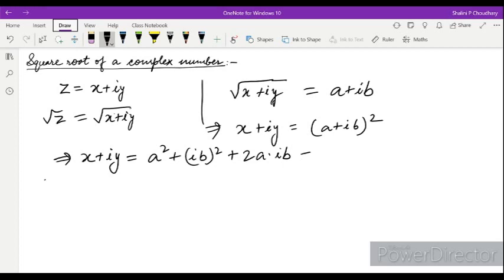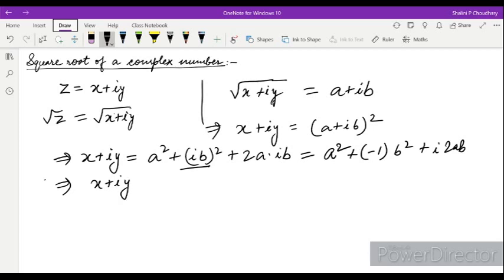So it means we can directly write a square and i square b square. i square is equal to minus 1. So a square plus minus 1 into b square plus i into 2ab, right? So x plus iy will be equal to a square minus b square plus i 2ab, right?